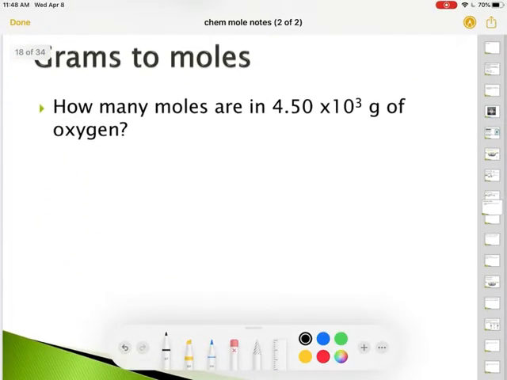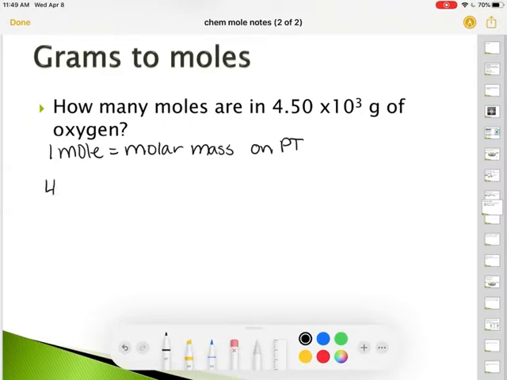So we can go from atoms to moles and moles to atoms. So we can also go grams to moles and moles to grams. So 1 mole of any substance, of anything from the periodic table, is equal to its molar mass on the periodic table.